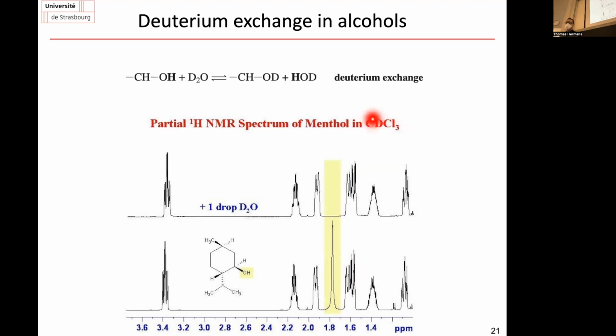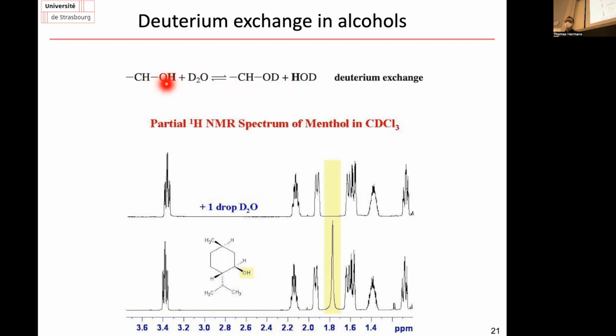This is in deuterated chloroform, right? So I measure my spectrum and I see this peak here. Now, if I, for example, change the temperature, this peak will shift in ppms. All the other peaks just stay the same chemical shift. But alcohols can shift. And if you add some deuterated water, this hydrogen can actually exchange, right?